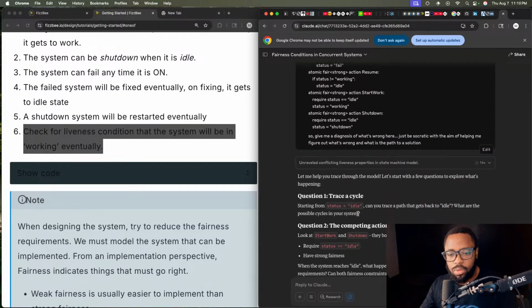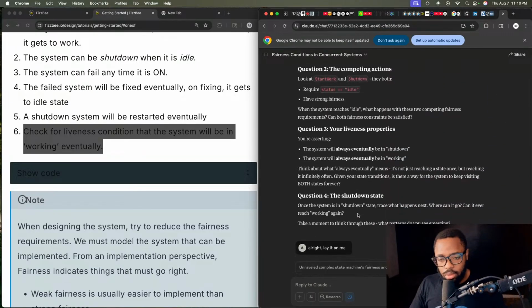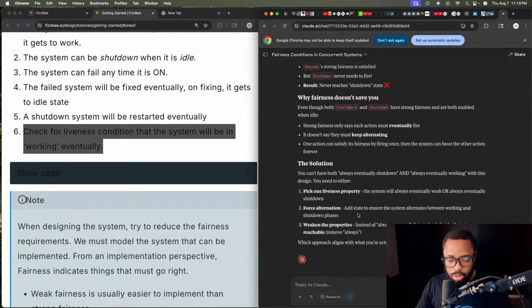This one is the one that they added, that I didn't have. Okay, so false alternation.